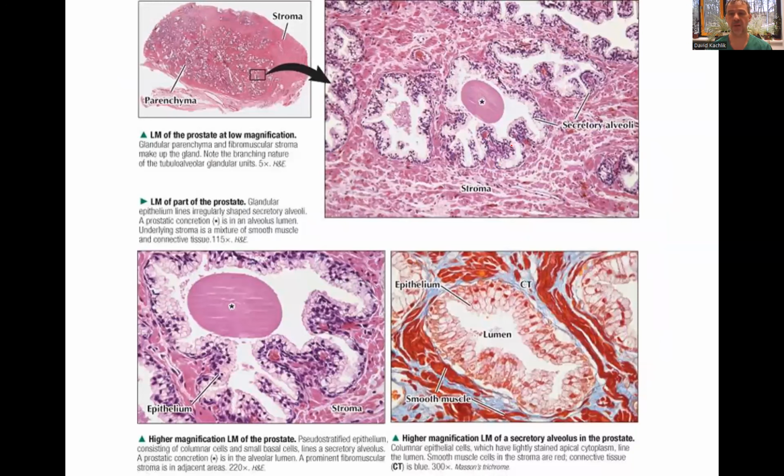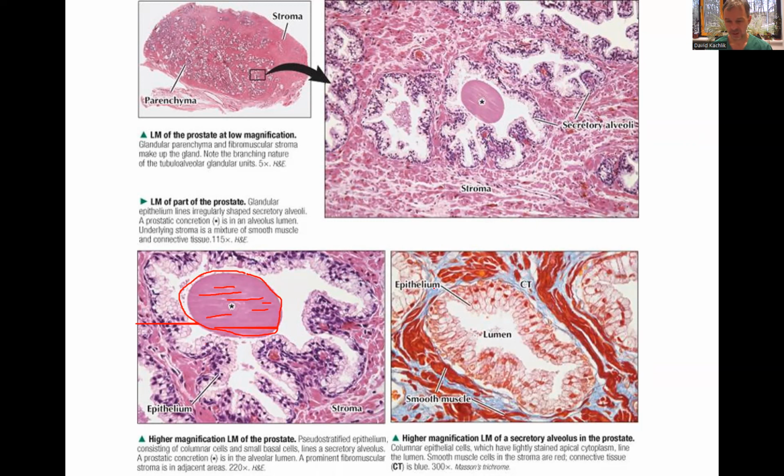So what is here? The most distinct structure is the prostatic concretion, which you can nicely see here. These stripes are just histological process remnants.